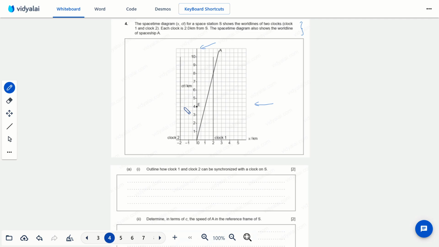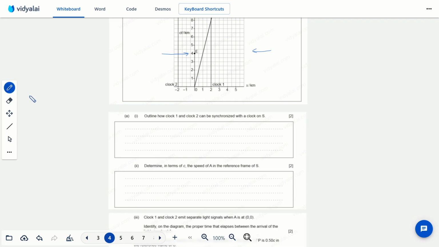We have two clocks on either side of this space station, equally distanced away from it. There is also a spaceship that's departing the station at time t equal to 0. This is the world line of that spaceship. We also have an event that's marked on this diagram, so we may expect a question referencing that.